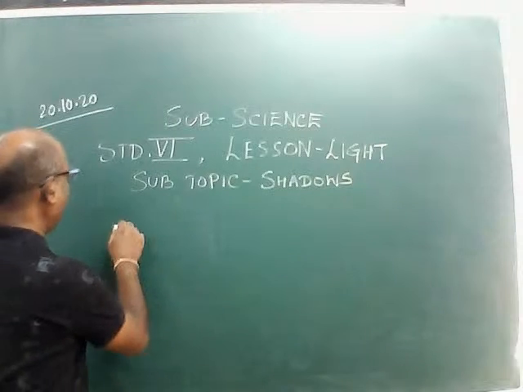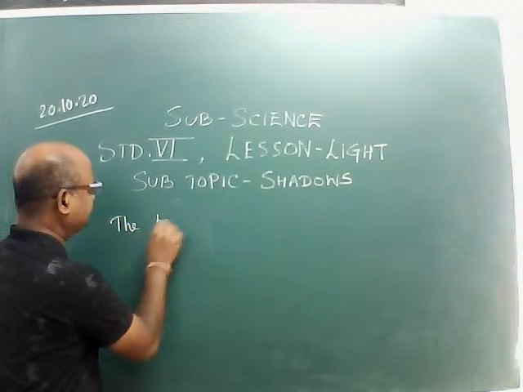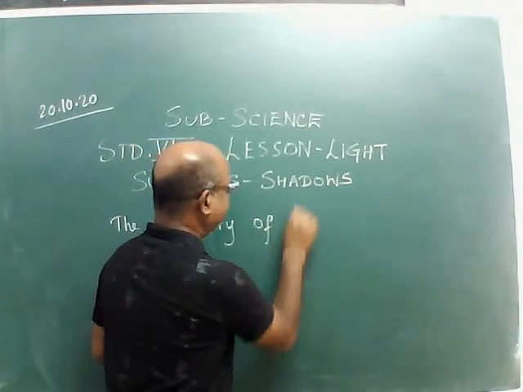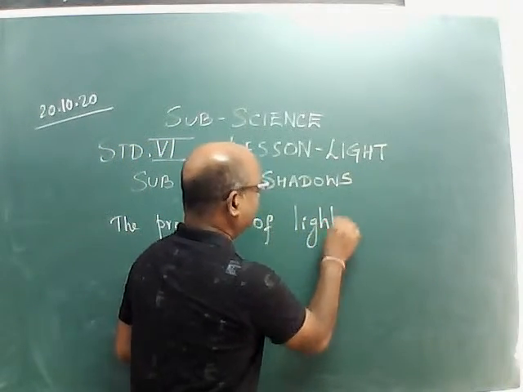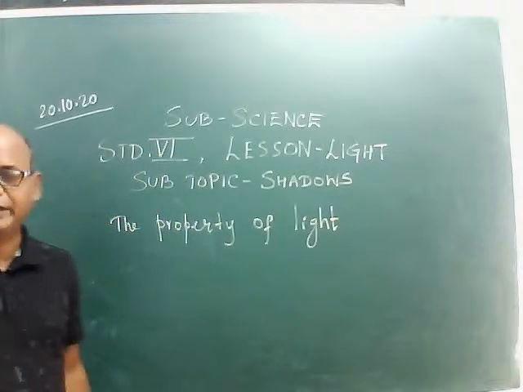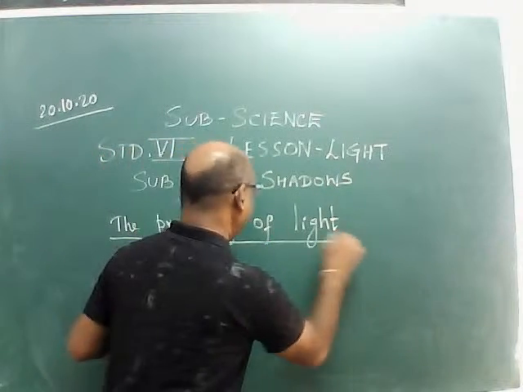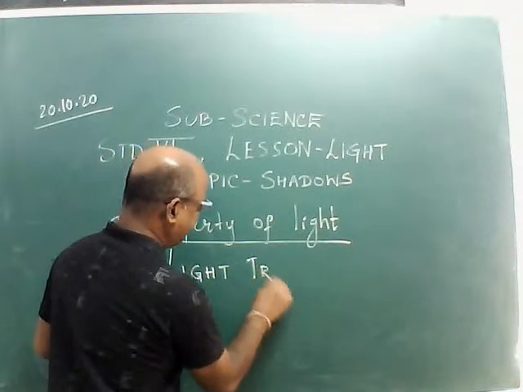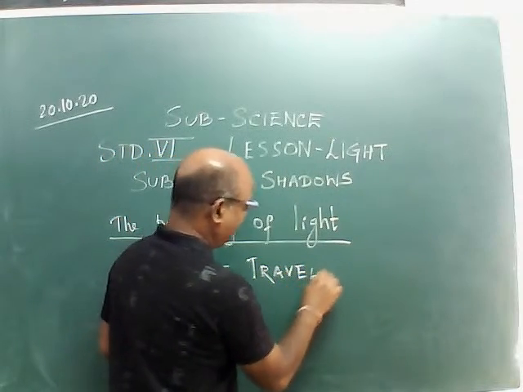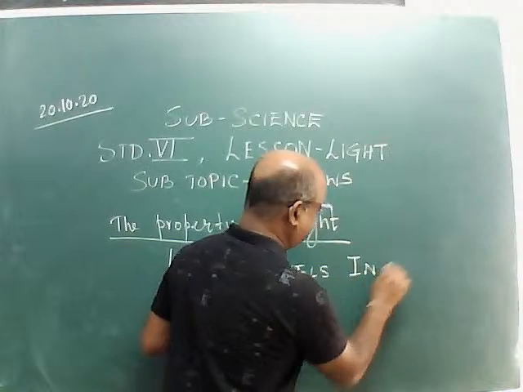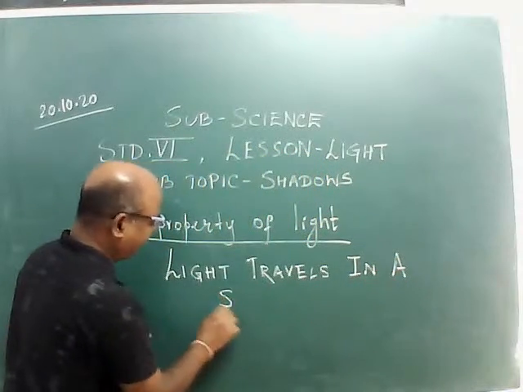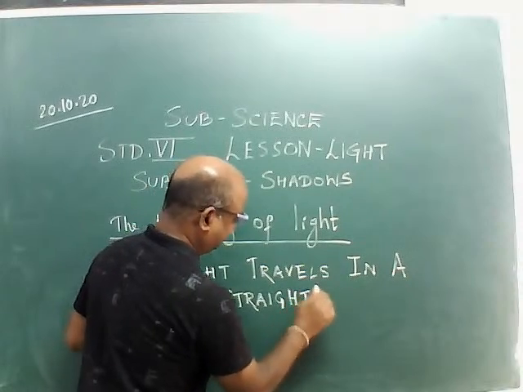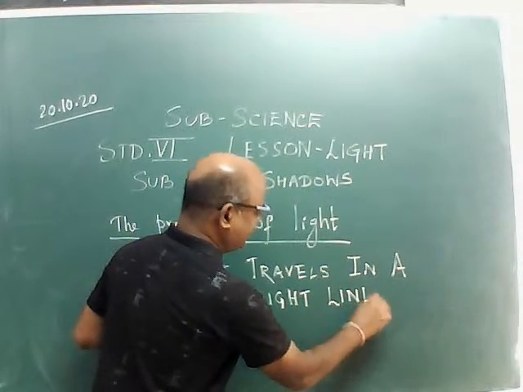What do we call the property that light travels in a straight line?